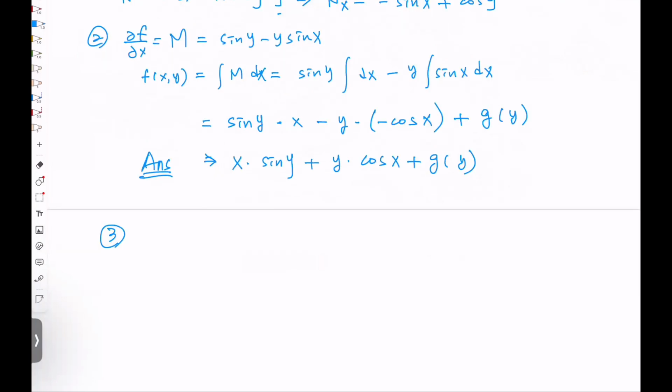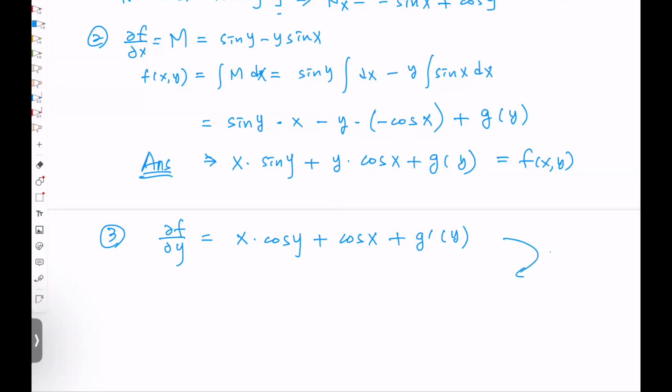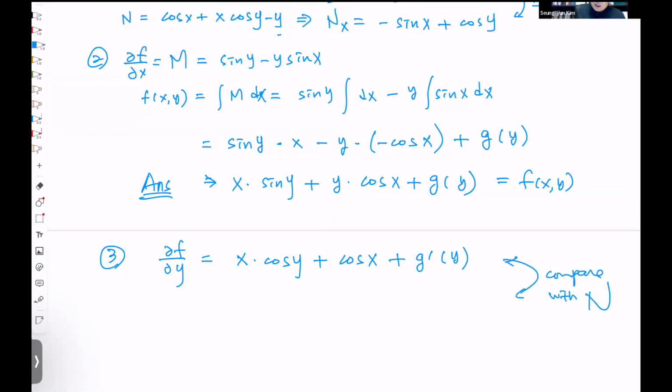And step 3, take the partial derivative in terms of y, and that is x times cosine y plus cosine x plus g prime of y. Now we need to compare with N, and we have N right here, and now we know g prime of y equals negative y.